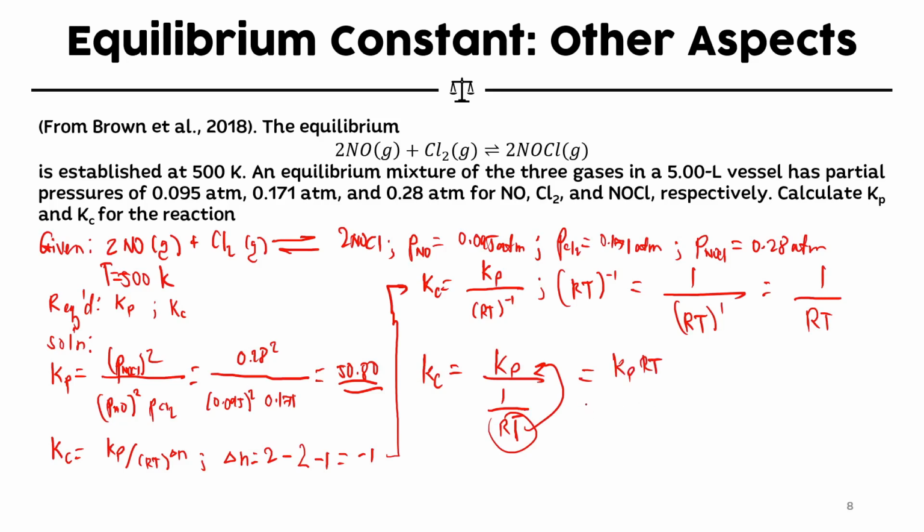Then we substitute the values: 50.8, the universal gas constant 0.08206, and the temperature, 500 Kelvin, and that is equal to, at 4 significant figures, 2084. So these will be your final answers. Your Kp is 50.80 and your Kc is 2084.